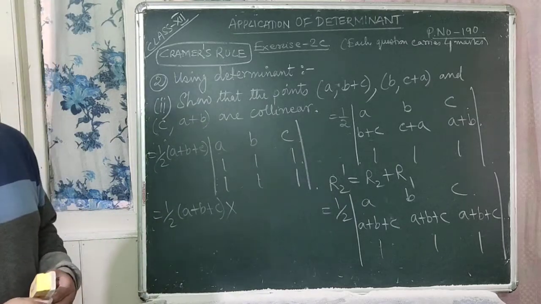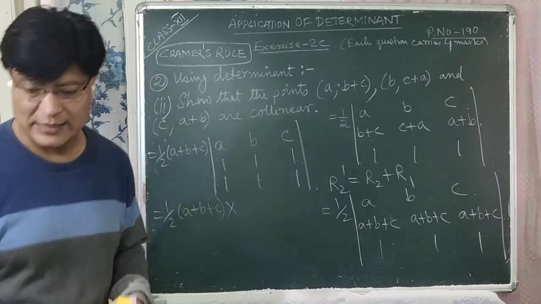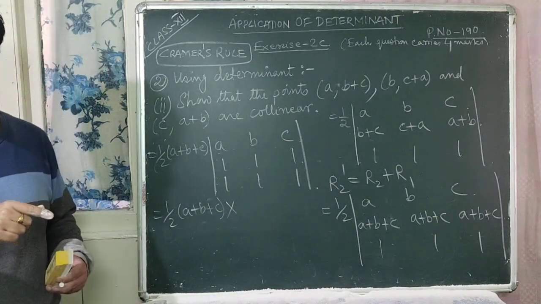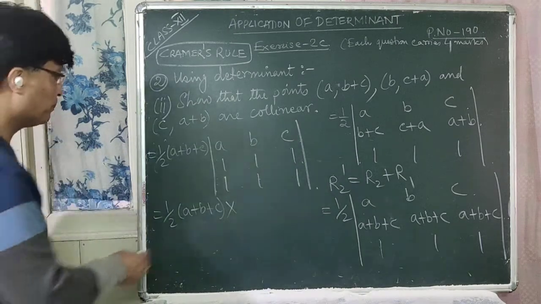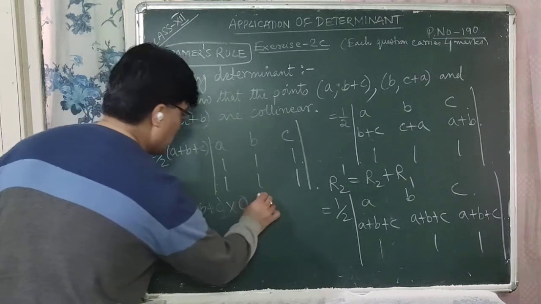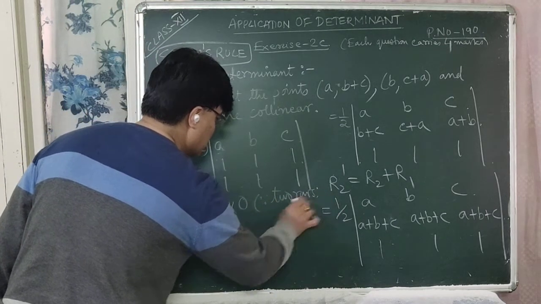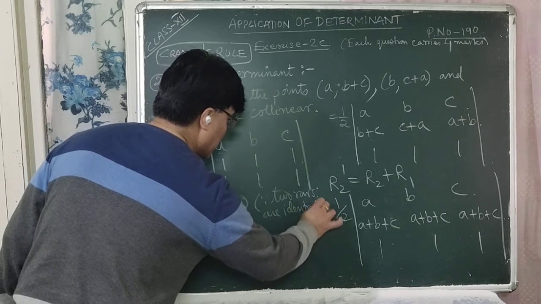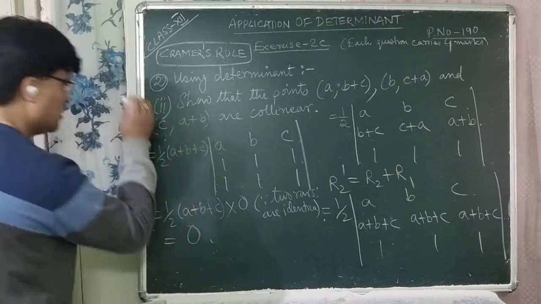If 2 rows or 2 columns of a given determinant are identical, then the value of the determinant is always 0. So it is 0, since 2 rows are identical, right? So is equal to half into A plus B plus C into 0 is equal to 0.